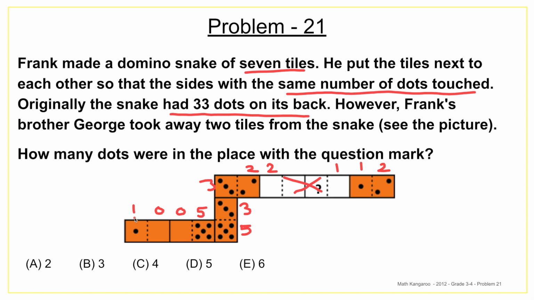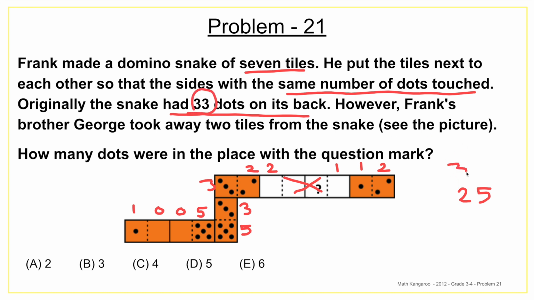So let's count this. 1 plus 5, 6, 6 plus 5, 11, 11 plus 3, 14, 14 plus 3, 17, 17 plus 2, 19, 19 plus 2, 21, 22, 23, and 25. So we have 25 in total. Now, how many dots are there? 33 total dots.